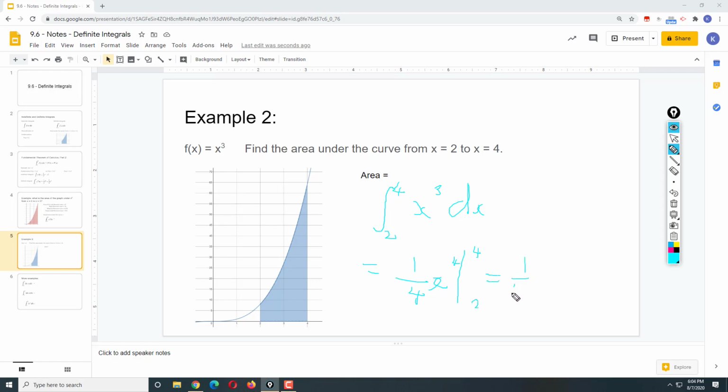That's equal to 1/4 of 4 to the 4th power minus 1/4 of 2 to the 4th power. That's equal to 64 minus 4, which is equal to 60. So the area under the curve from 2 to 4 is 60.